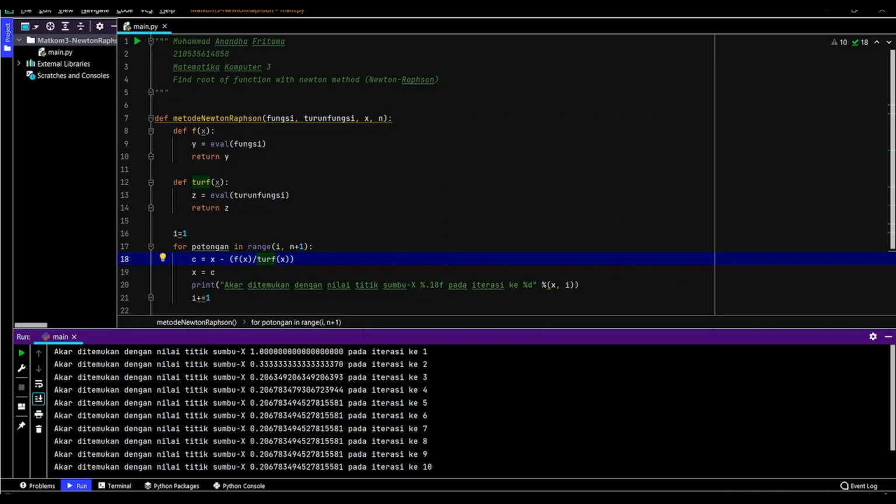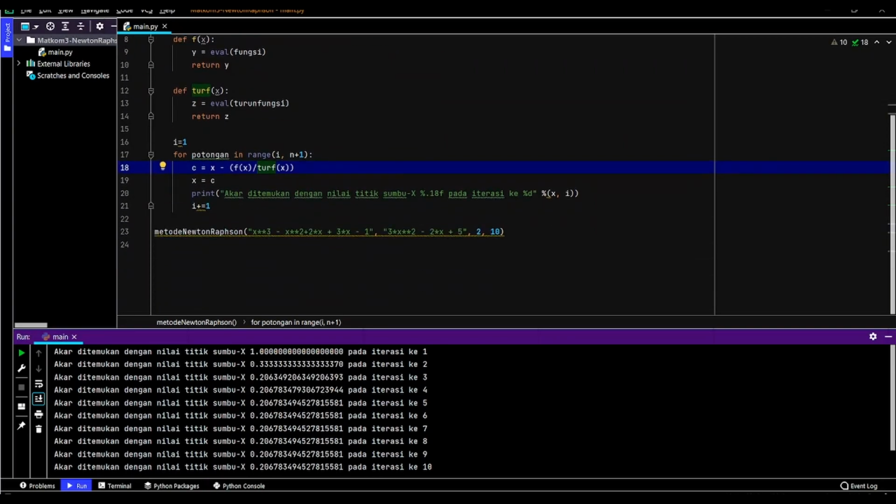In the 12th line, there is a function called tur fx, which is the same as before, but it evaluates the derivative function from fx and stores it in z, and the function returns the z value.